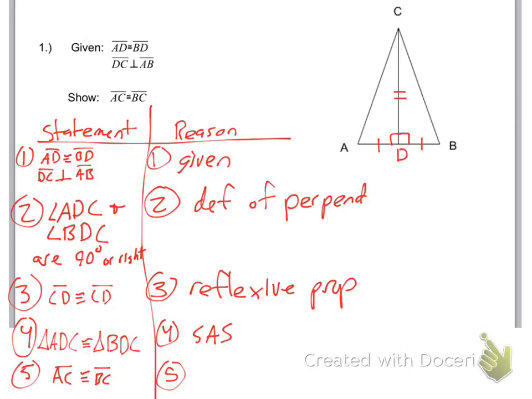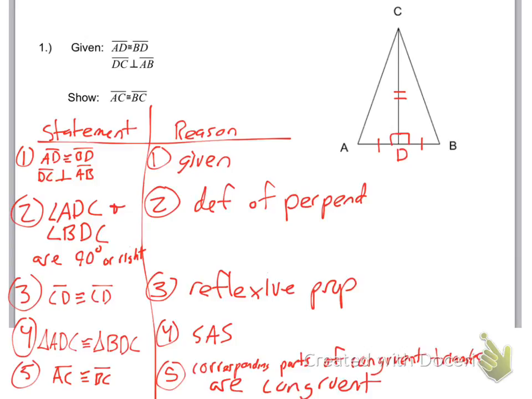But there's a special reason for that. It's a fun one. It's called corresponding. Hold on. Corresponding parts of congruent triangles are congruent.